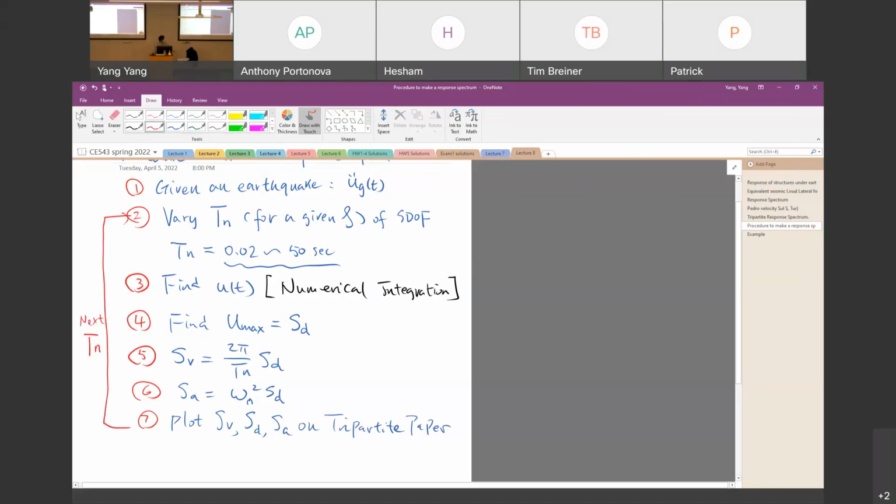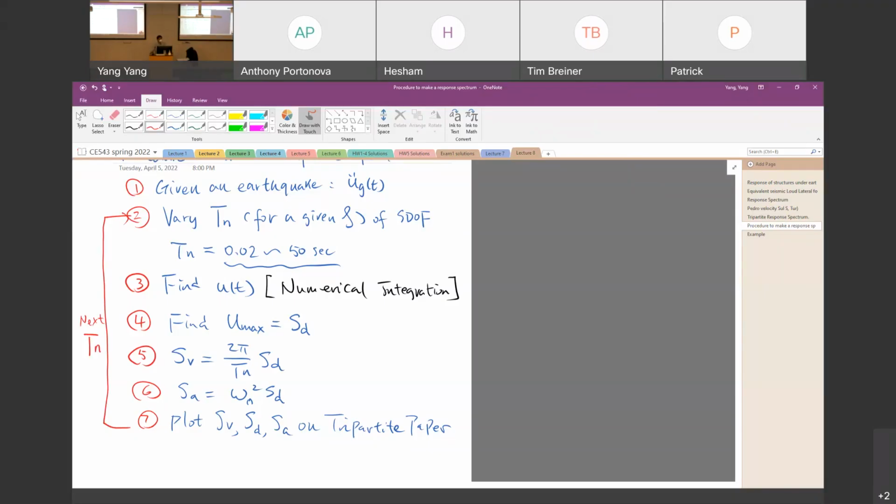For example, you may select the first Tn equal to 0.02 seconds. After you are done with that Tn, you need to go to the next Tn, for example 0.1 second. So how many Tn do we need over here?